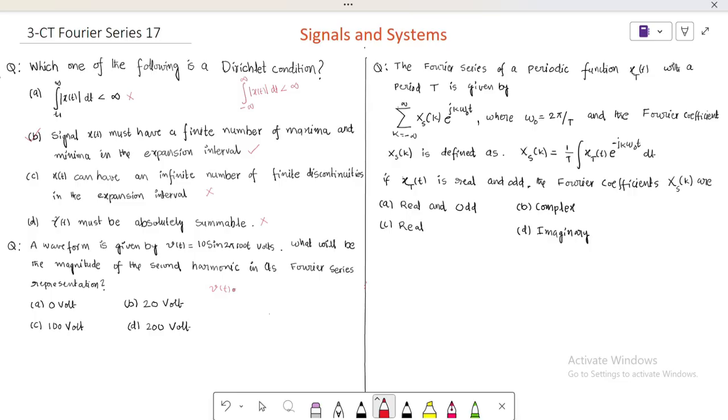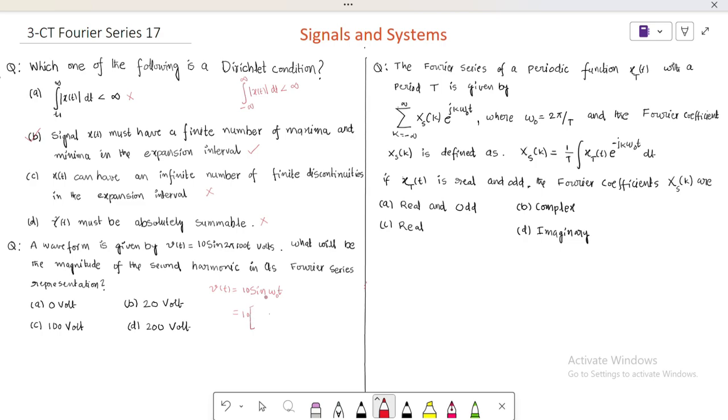So v of t equals 10 sine of 2 pi f t, where 2 pi f is the angular frequency, so I am writing 10 sine omega naught t.